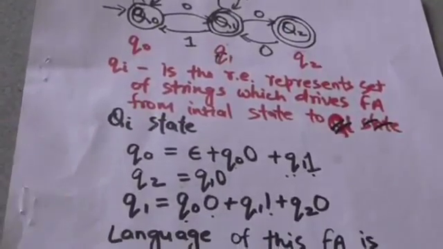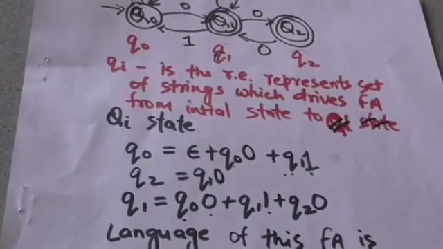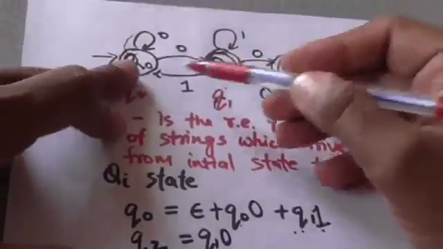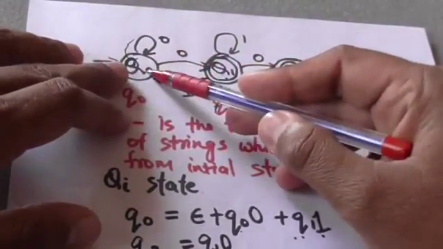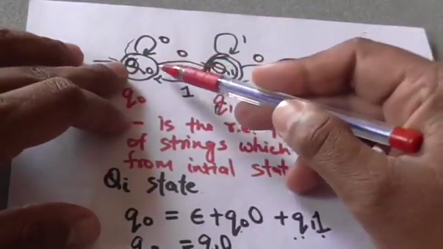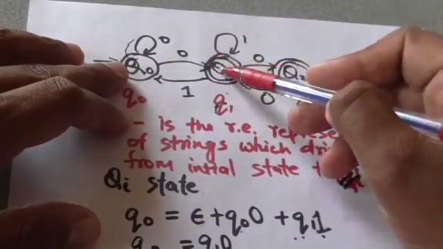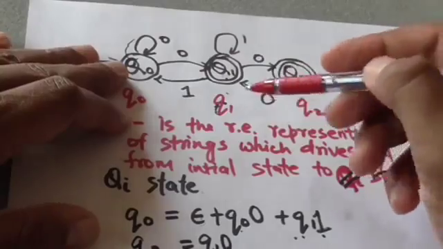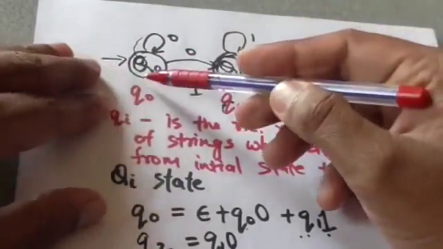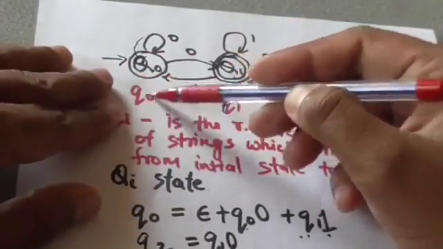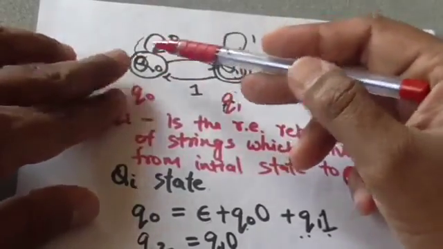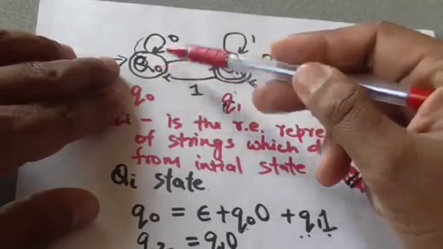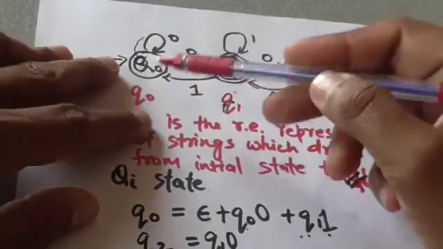Now see this. Regular expression Q1. When the machine is in state Q0, on reading an input symbol 0, it jumps to state Q1. Right. Here Q0 is a regular expression which represents the set of those strings which drive the machine from the initial state to state Q0. Here Q0 is the initial state.